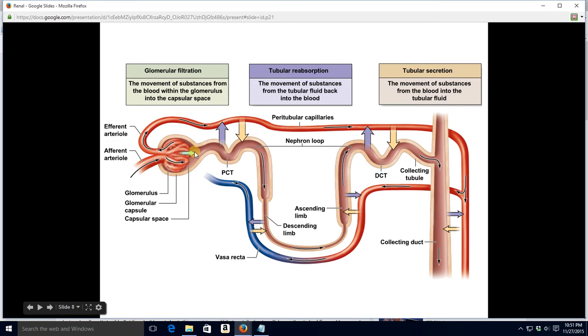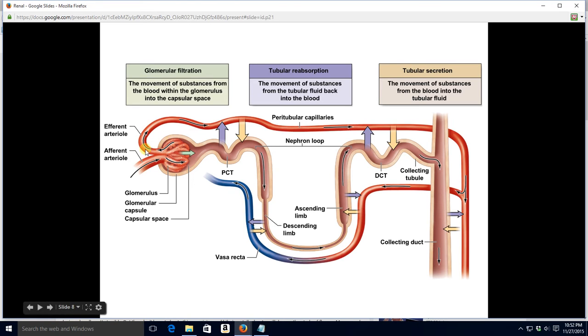So something must happen to this fluid as it goes through this set of tubes. Well, something does happen to it. And let's look at a parallel flow here. When blood leaves the glomerulus, it goes into an efferent arteriole. And by the way, this is weird, where we have an arteriole carrying blood into capillaries and an arteriole taking blood out. Anyway, we'll come back to that later too.